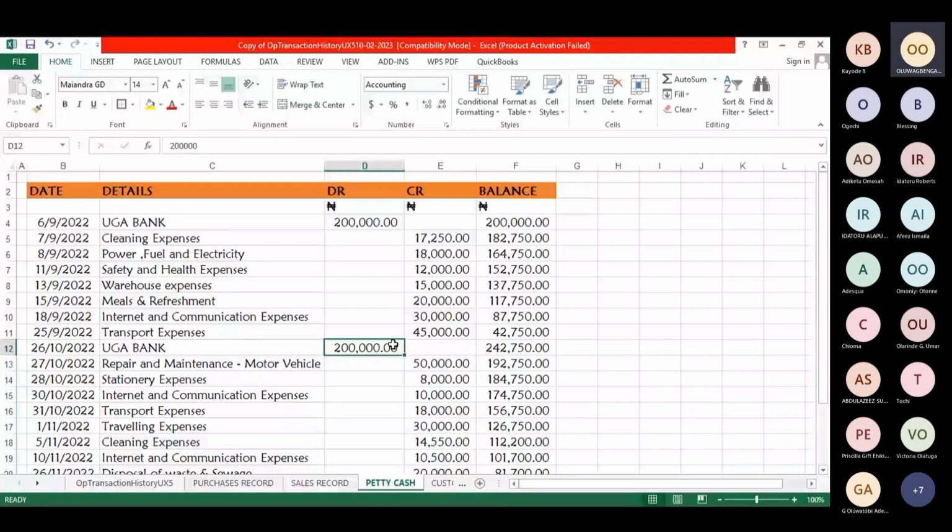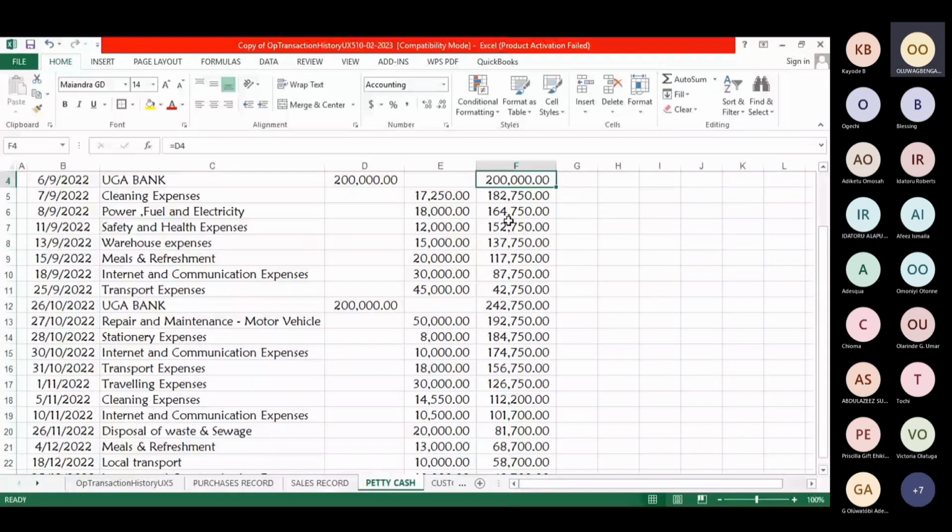So you are going to do an analysis of the petty cash too to see what is due as at the ending. I have done a column here as the balance, 48,700.